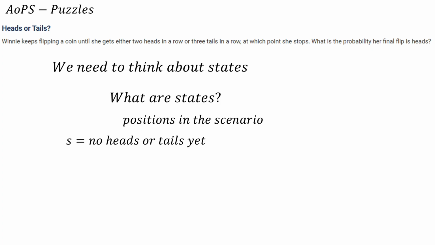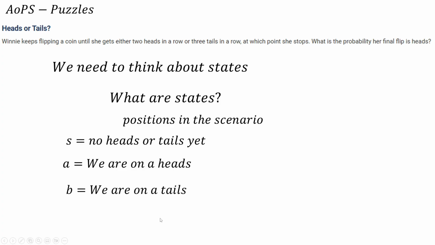So we've not got any heads yet or any tails yet. Okay, let's say the variable A represents us being currently on heads, and let's say the variable B represents us being currently on tails, and let's say C represents us currently being on tails. Okay, so these are all the possible states we could be in.